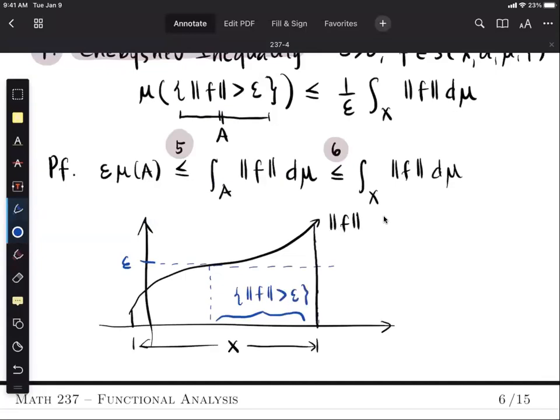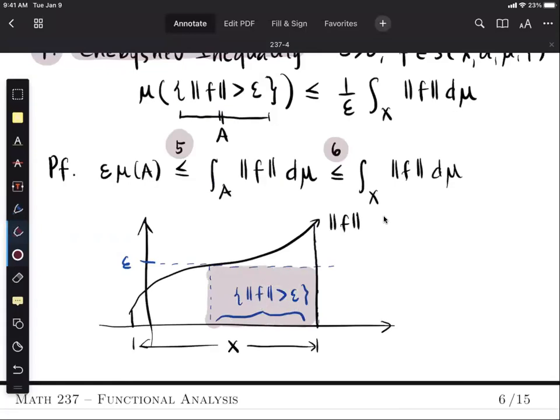Okay, so if you take the measure of this and multiply it by the height, then geometrically, that would be this region. So that would be the left-hand side.